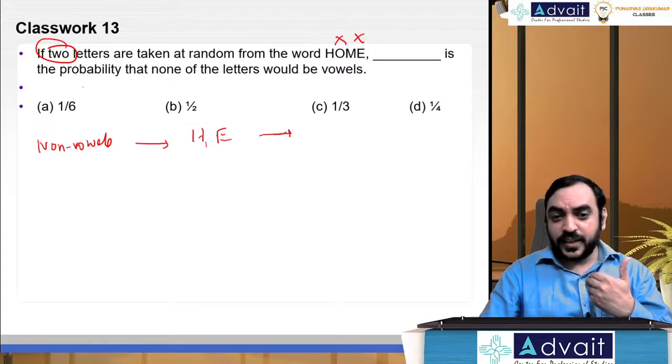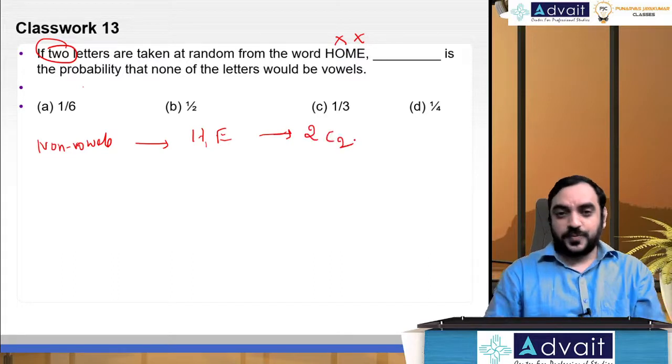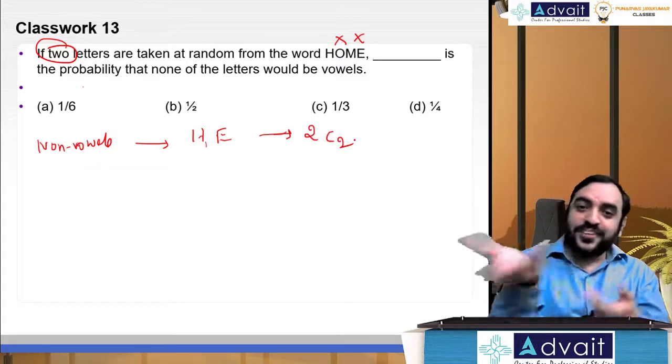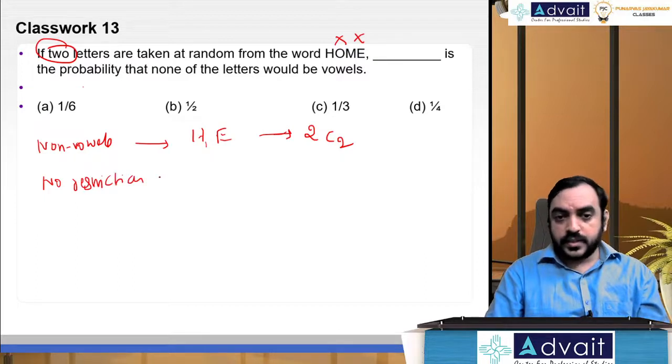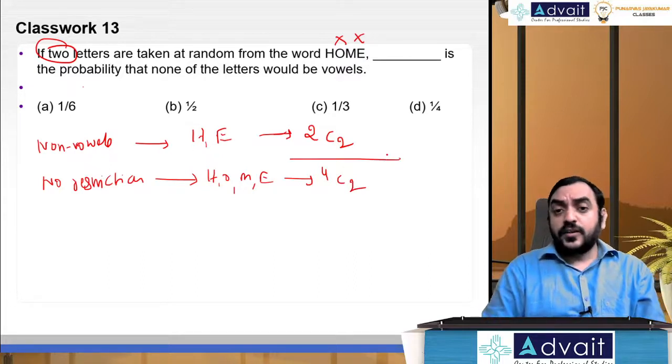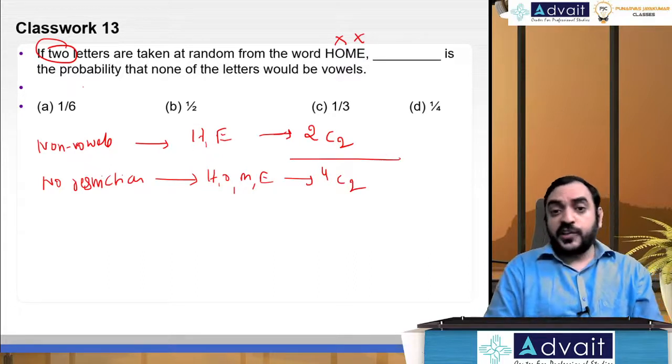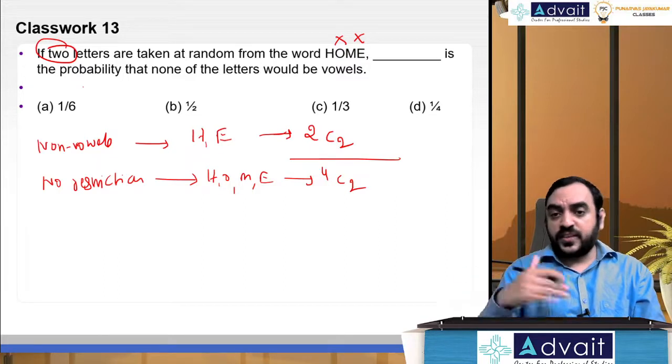So this is going to be 2C2. Available only two, you have to select both of them. So the numerator is 2C2, with the restriction, the favorable events, 2 out of 2. The denominator has no restriction, that is all possibilities, anything from HOME. There are four, you have to select two, that is 4C2, all possible events.